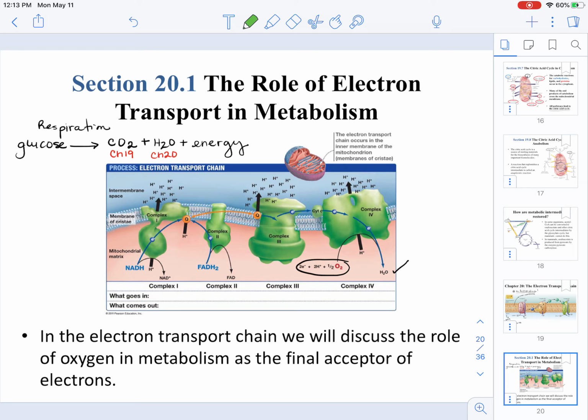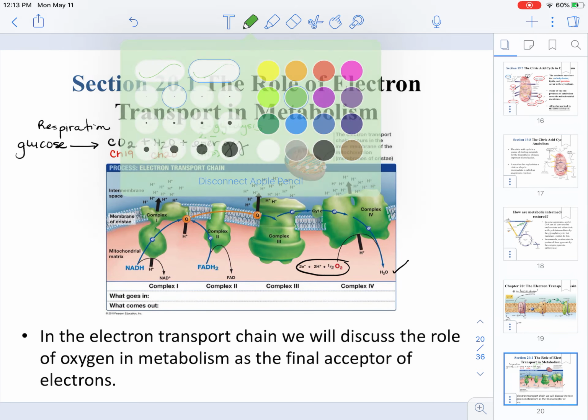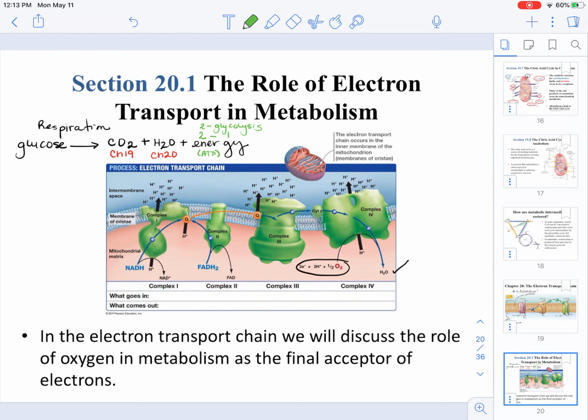So far, we have seen that we have made 2 ATPs in the process of glycolysis, and we have made 2 ATPs in the TCA cycle.